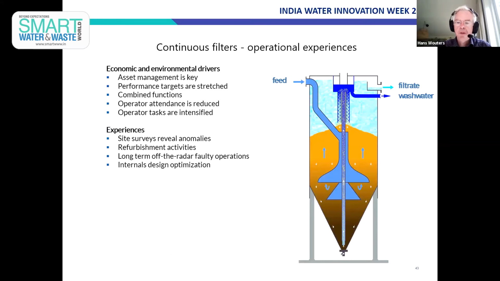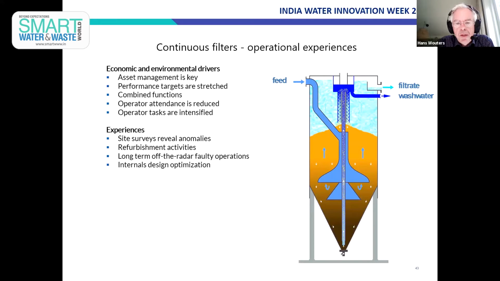Then I would like to focus a little bit on the application we have been dealing with in the last couple of years, and that is that we would like to understand better how these filter systems could be operated in the most optimal way. And because the system is very simple, doesn't mean that you cannot optimize it to a certain extent, and that's the reason why we would like to know how the system is running under varying conditions.